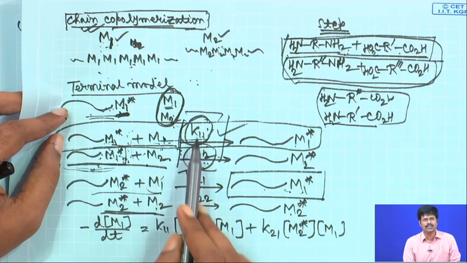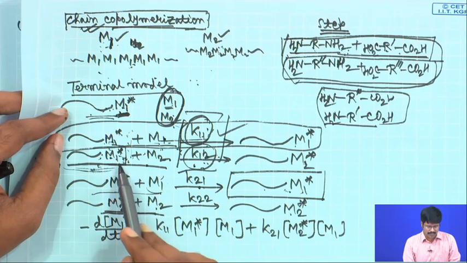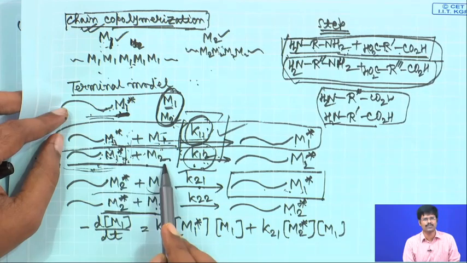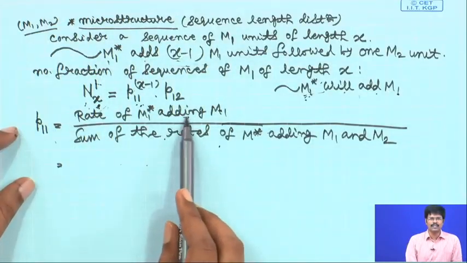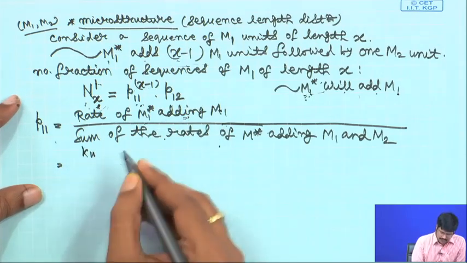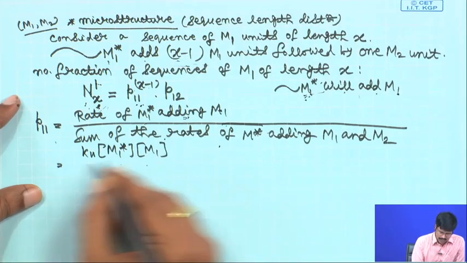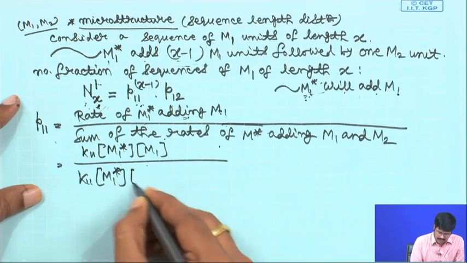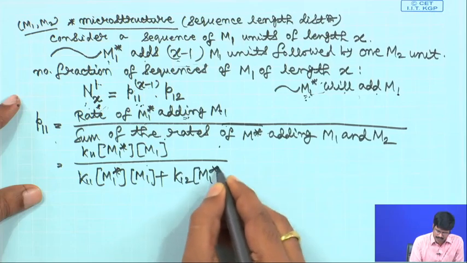So, in the denominator these two rates have to be summed up, because that is a complete description of what can happen to your M1 star. It can either react with M1 or it can react with M2. So, that will be in the denominator, and in the numerator only the rate of reaction of M1 star with M1. So, that will be K11 into M1 star into M1 divided by K11 into M1 star into M1 plus K12 into M1 star into M2.